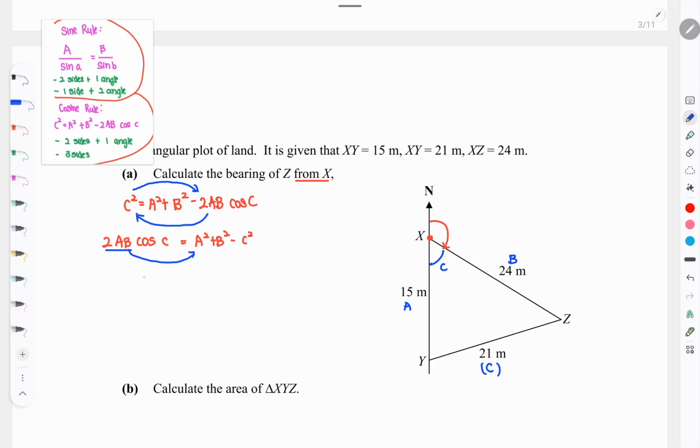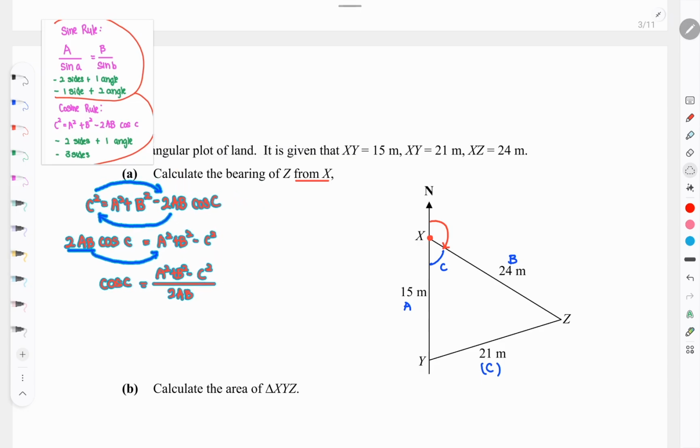So it will be cosine C equals a square plus b square minus c square over 2ab. Okay, let me just shift them a little bit so that I have more space later.